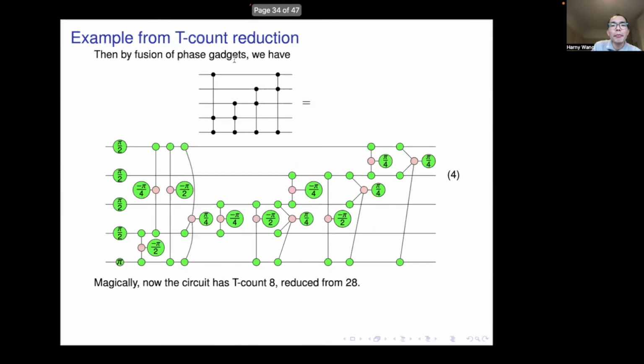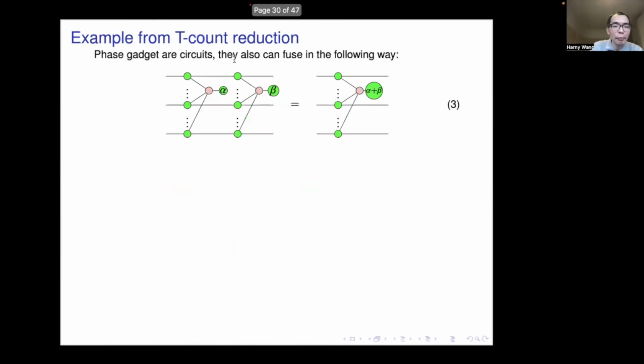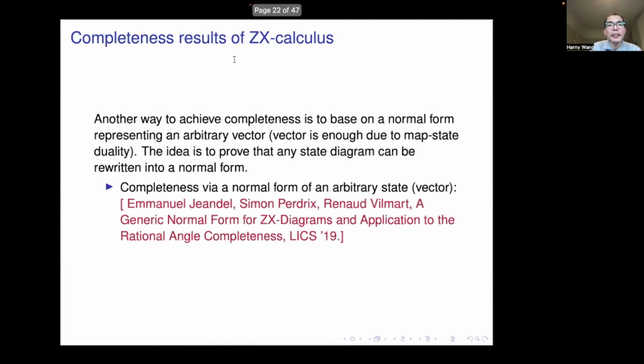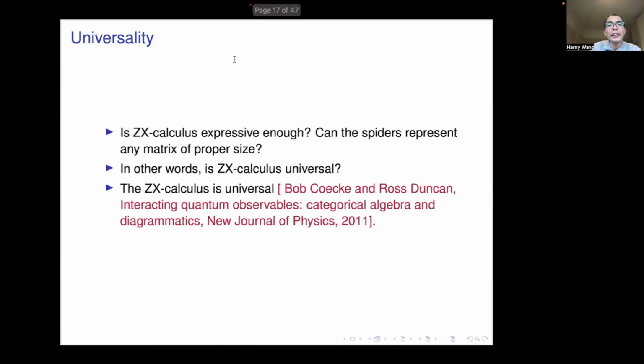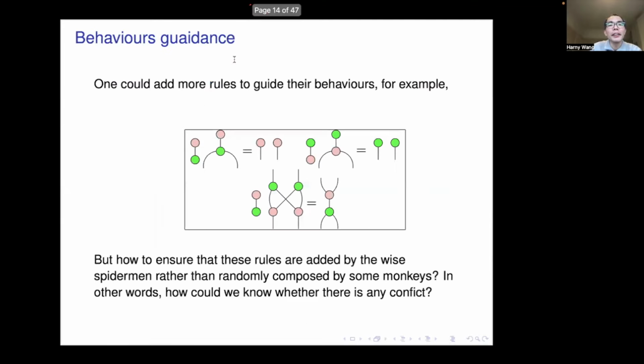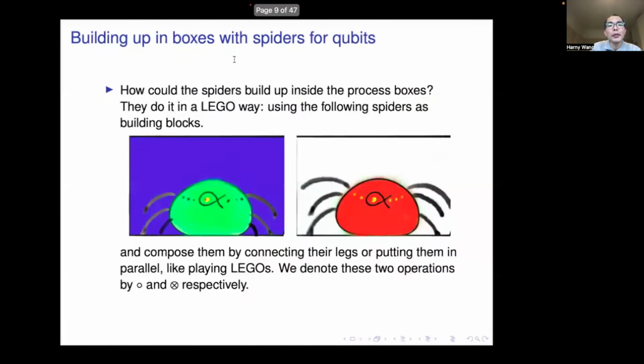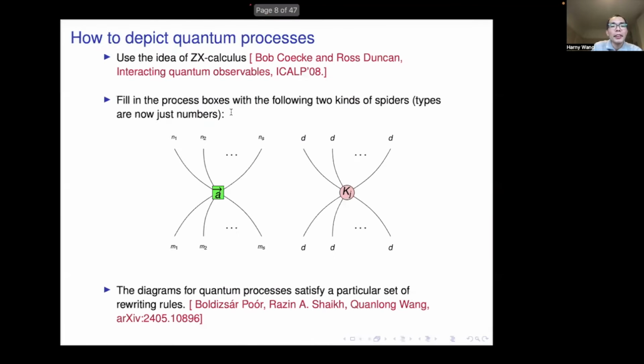I said qubits is easy to explain, but what we did recently was something more general.